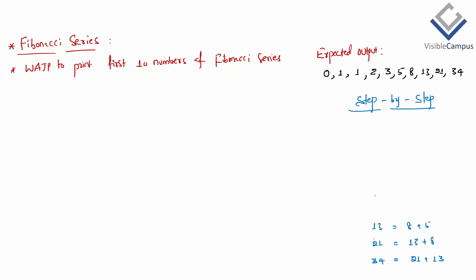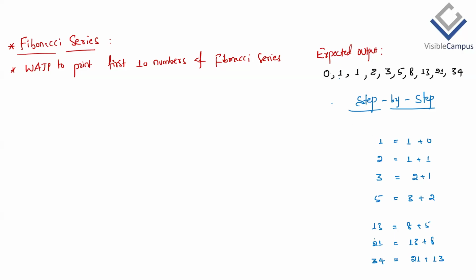How do you get 5? 3 plus 2. How do we get 3? 2 plus 1. How do we get 2? 1 plus 1. How do you get 1? 0 plus 1 or 1 plus 0. Correct? Then how do you get this one?